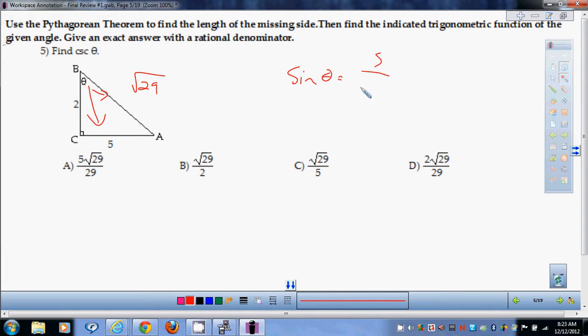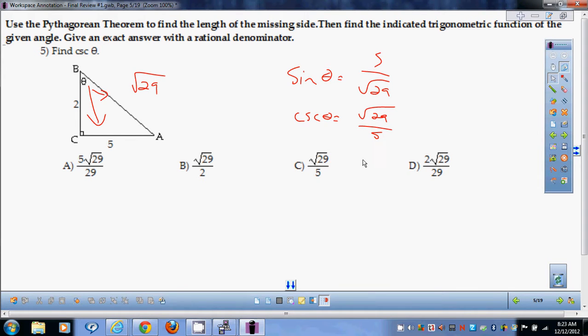So that's 5 over radical 29. Therefore, cosecant would be radical 29 over 5. No reduction necessary because there's no radical in the denominator. And the answer is C. Any questions about any step we took there or how we knew to do anything?